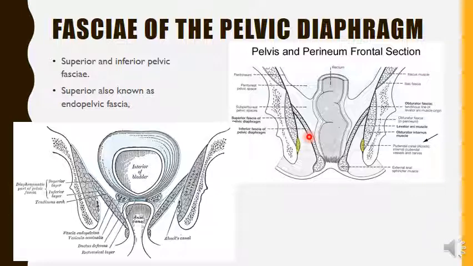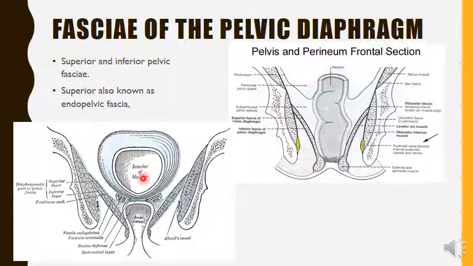Lower down it blends with the fascia covering the urethral sphincter anteriorly and the external anal sphincter posteriorly. So laterally it is continuous with the obturator fascia, medially it covers the medial wall of the ischioanal fossa, and lower down it blends with the fascia covering the urethra and the external anal sphincter.